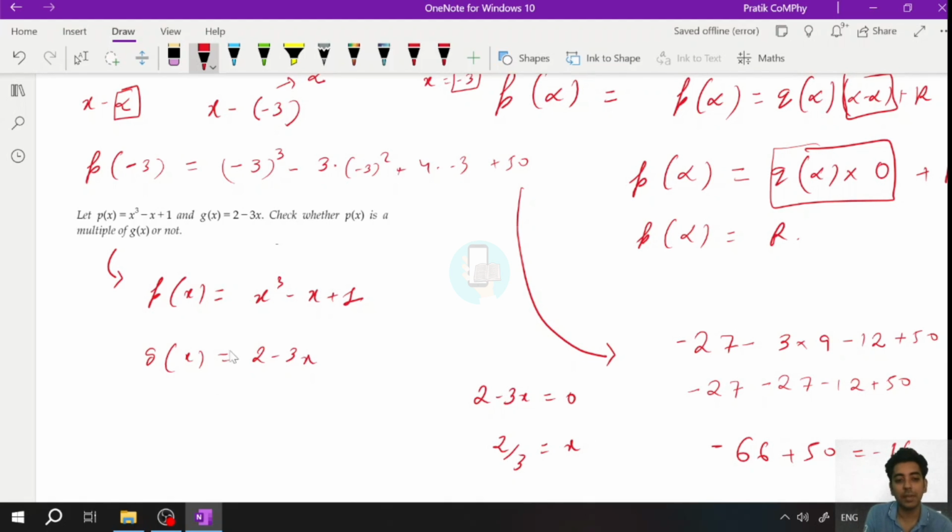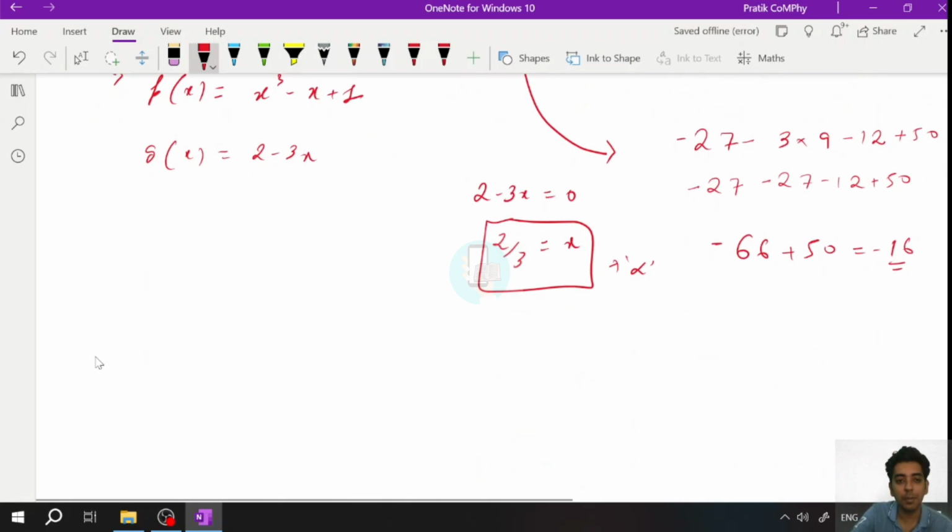So basically what am I doing here? If I think logically, I am dividing the expression by x - 2/3. That's it. That is what I am doing. Right? So going ahead, this value is your value of alpha. You will substitute it in p of x. So p of 2/3 you would be calculating, which would be 2/3 whole cube minus 2/3 plus 1.